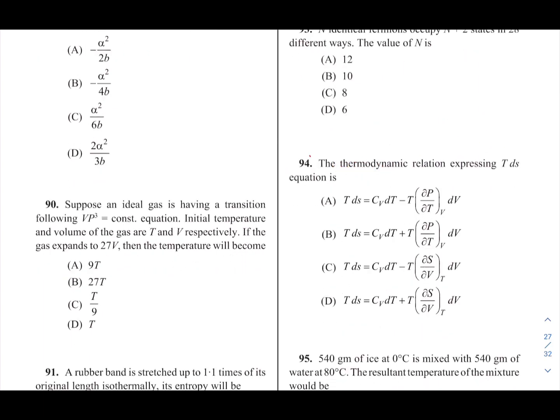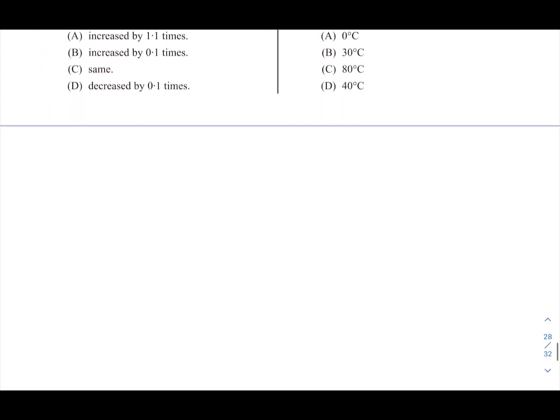Problem number 94. The thermodynamic relation expressing the TdS equation is. To derive that equation, we start with S as a function of T and V. Now we take the differential. dS is equal to dS by dT with V constant times dT plus dS by dV with T constant times dV.